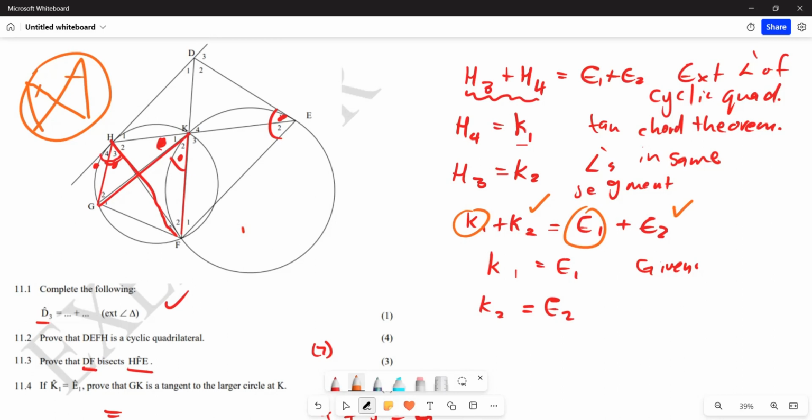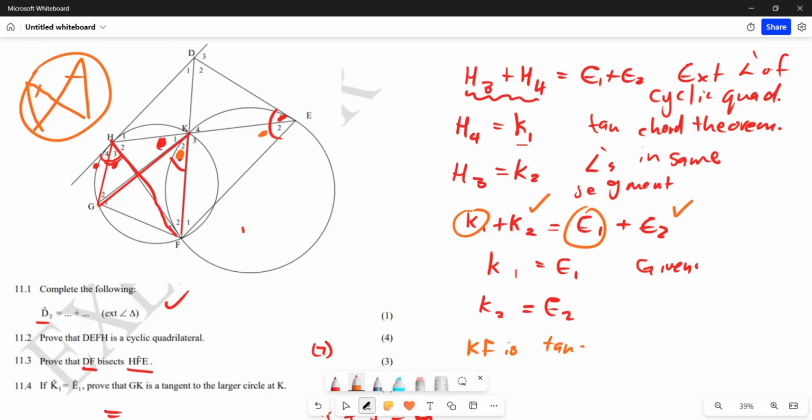So if your E2 and your K2 are equal to each other, what is it that I can conclude? I can now conclude that my KF is a tangent.